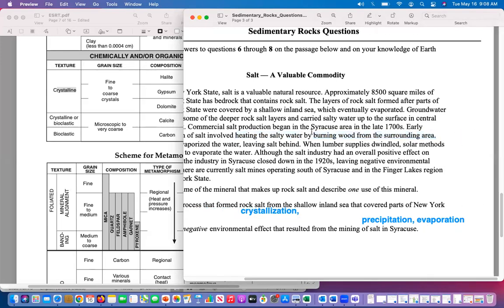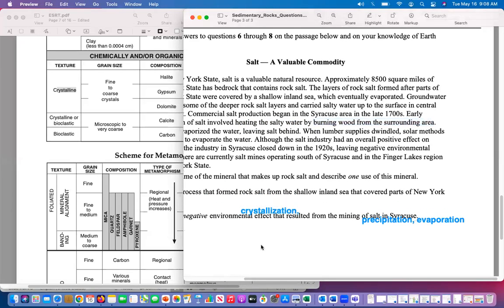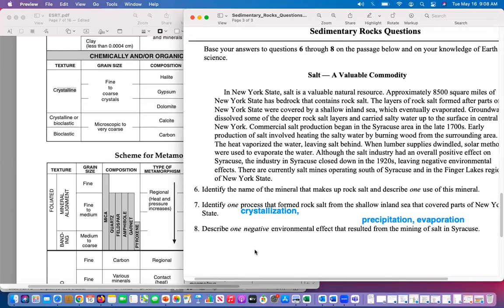So that means you're cutting trees down, and you're burning them. So one negative environmental effect that you could have stated is deforestation, right? Which basically means you're dwindling vegetation, which means the plant life is decreasing, right?